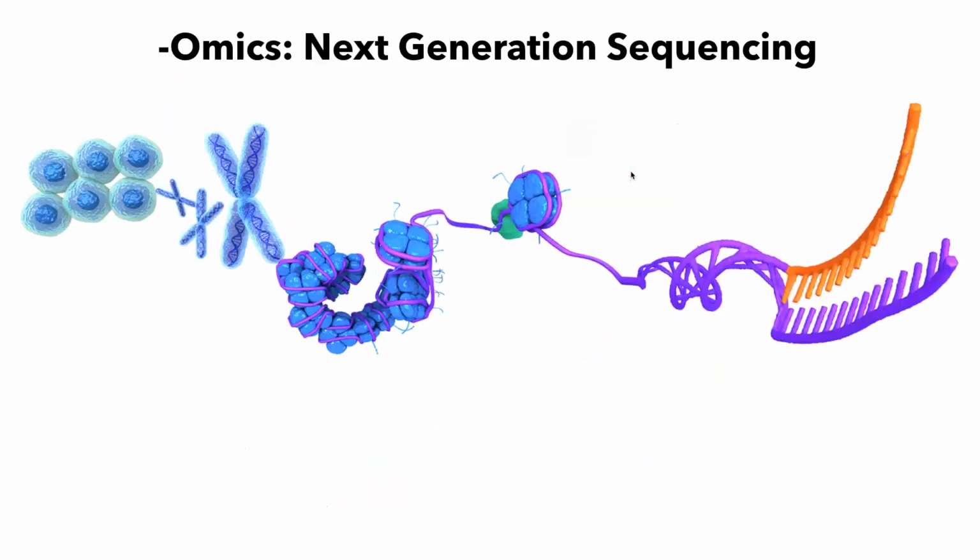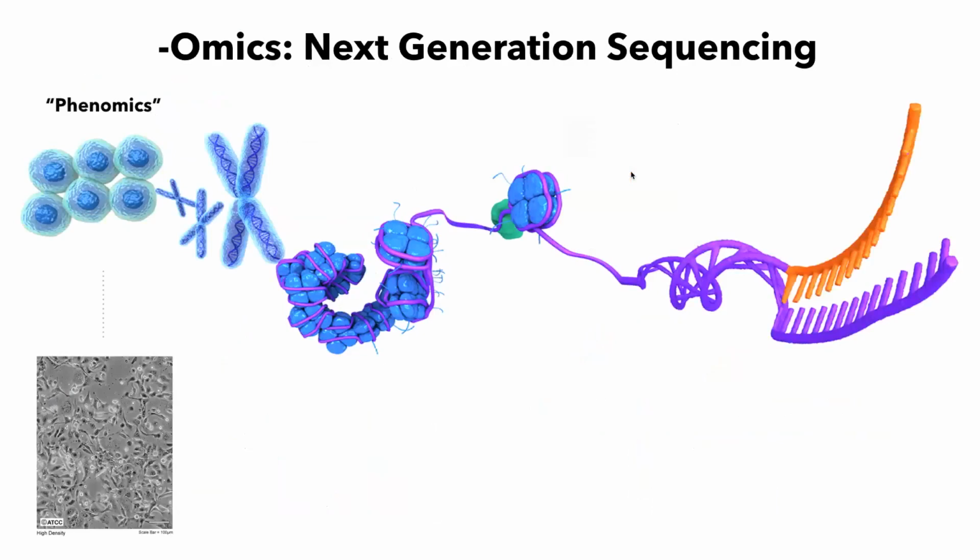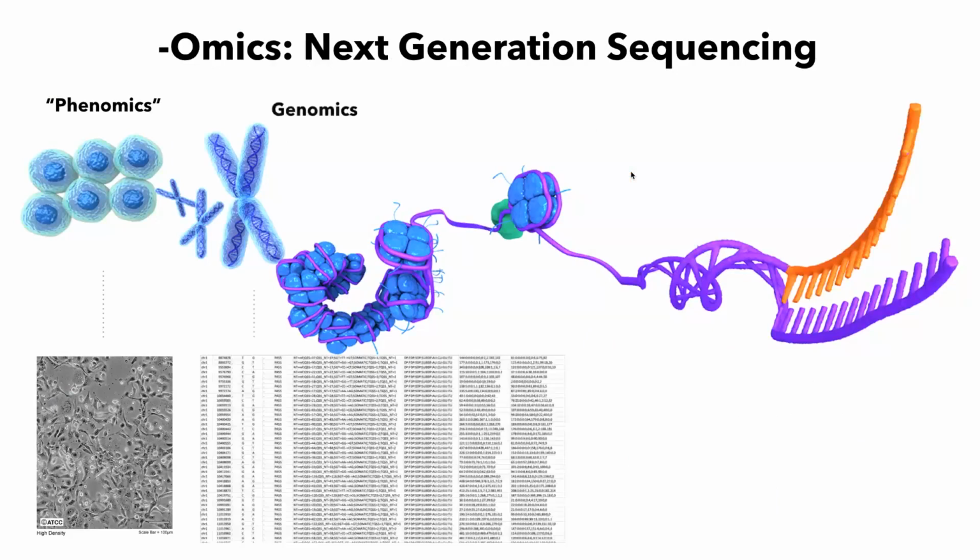Next generation sequencing is used for many different reasons. If we look at this overview of data, we start from phenotypic data, what we observe, for example cell culture or tissue images or some kind of phenotypic observation. It could be clinical data or any other kind of data that could be linked to genomic data.